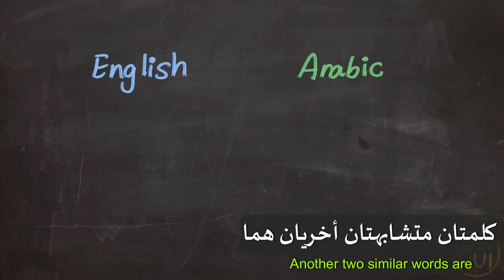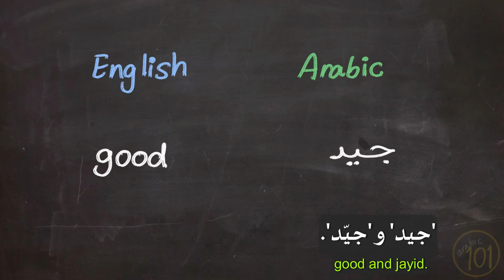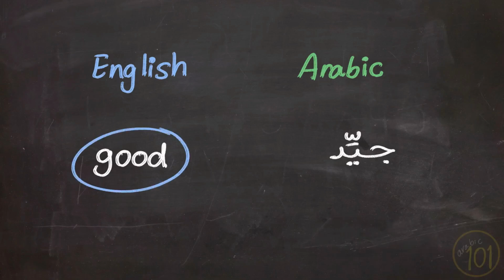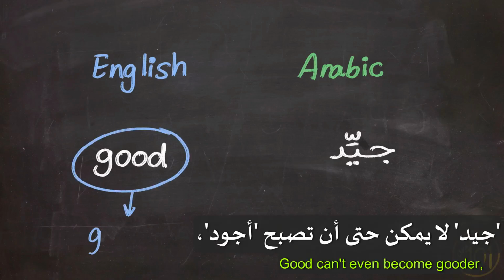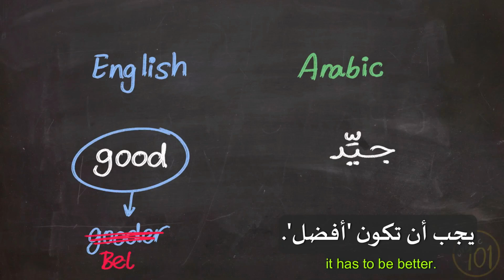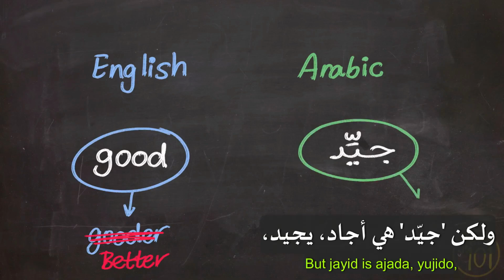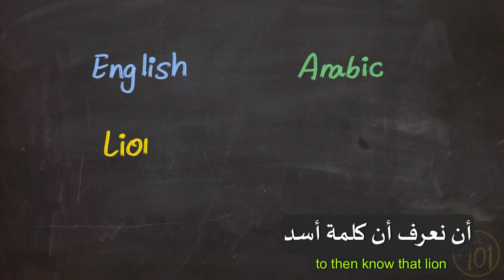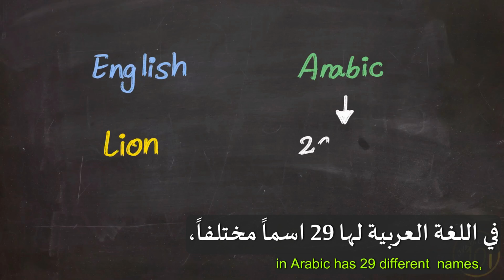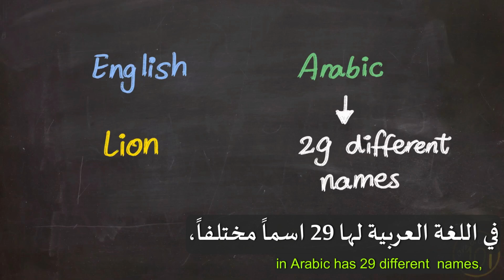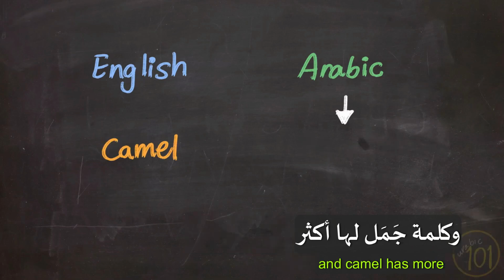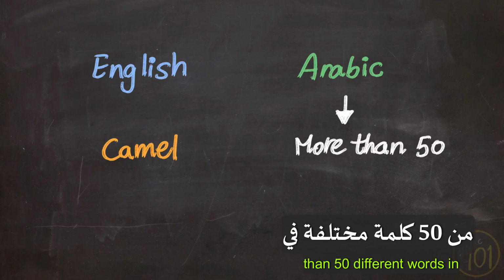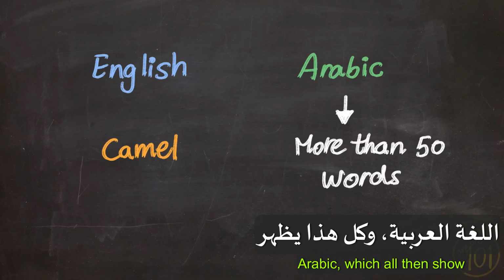Another two similar words are good and جيد. Good can't even become gooder. It has to be better. But جيد is أجاد, يجيد, يجود. You get the idea. So it is not surprising to then know that lion in Arabic has 29 different names, and camel has more than 50 different words in Arabic, which all then show how rich the origin can be.